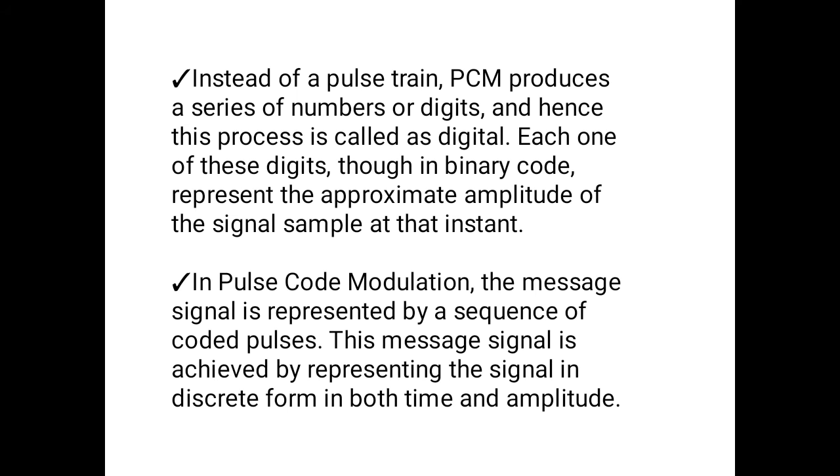Generally, we consider continuous sine waves, but PCM produces a number of digits, and each digit represents the amplitude of the signal at a particular time. In pulse code modulation, the message signal is represented by a sequence of code pulses. This is achieved by representing the signal in discrete digital form in both time and amplitude.